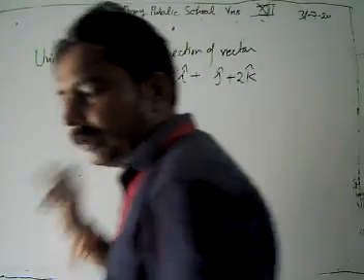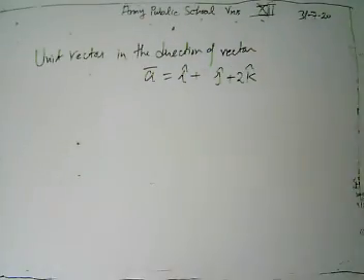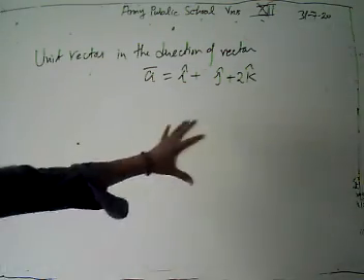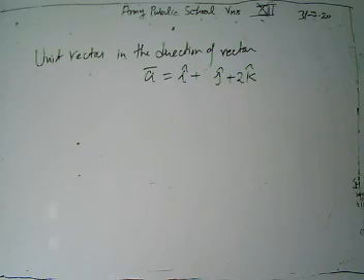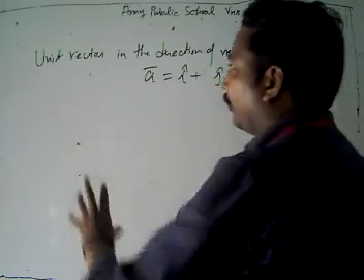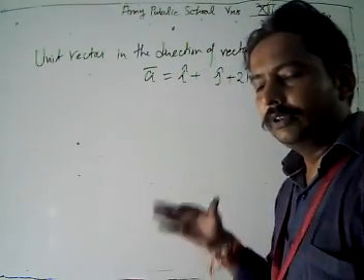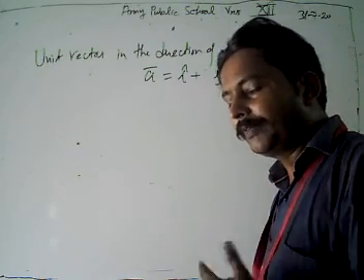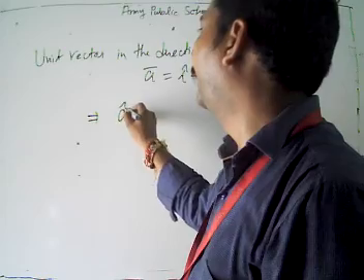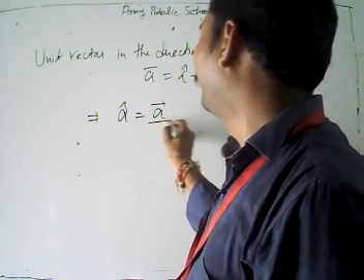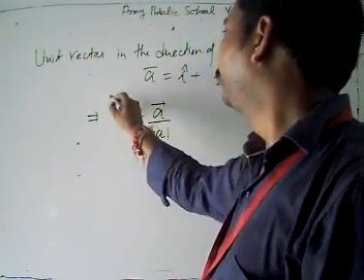Now look, we have to find the unit vector in the direction of a vector. How can we find the unit vector in the direction of a given vector? It is given by a cap, which is vector a divided by its magnitude.